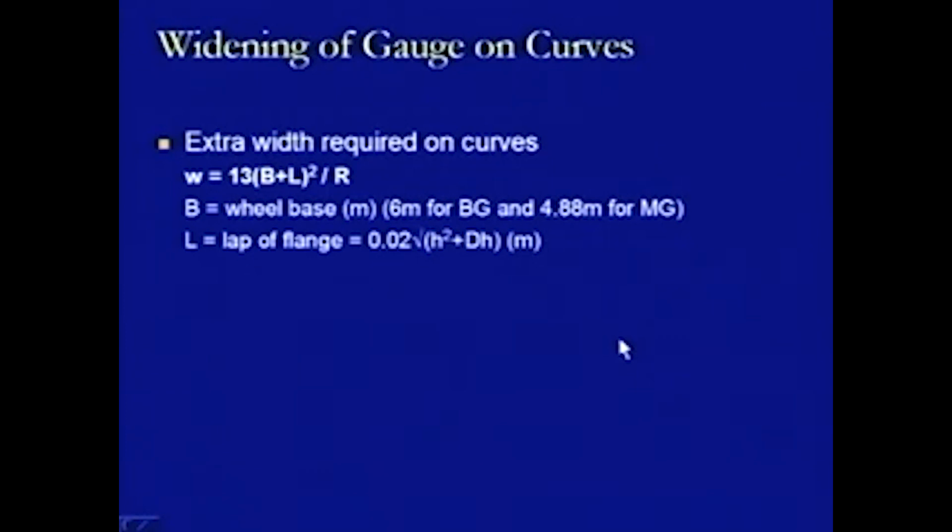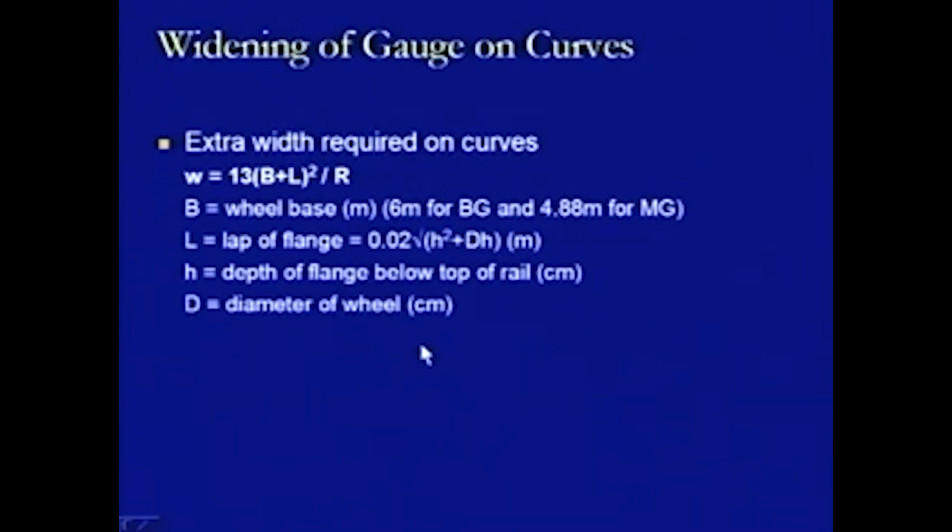L is the lap of flange, which is defined by 0.02 times the square root of h square plus dh, computed in meters, where h is the depth of the flange below the top of the rail in centimeters, and d is the diameter of the wheel in centimeters. Once we have these two values, we can compute the lap of flange L. So, we have B, we have L, and the radius is known to us, and with the help of that we can compute the extra width required on the curves, that is W.